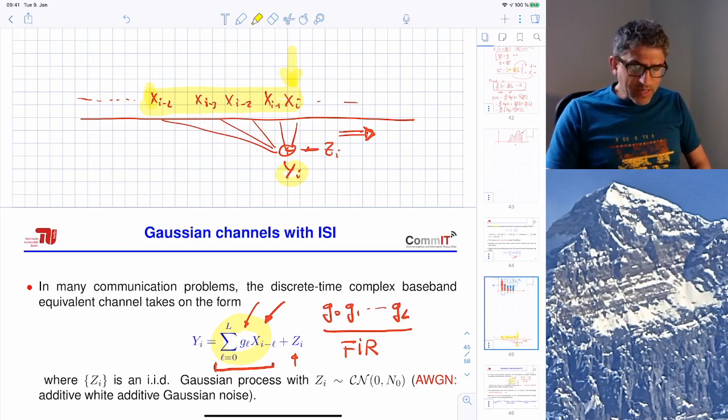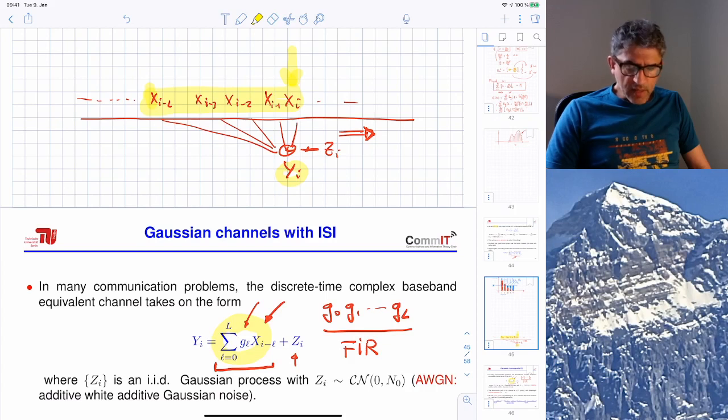So in order to tackle this specific problem, we are going to use a trick. And this trick is in fact what is also done in practice by something called OFDM modulation. And in fact, what we are going to do is like the information theoretic version of OFDM. So how do we reduce a channel with memory to a channel without memory?